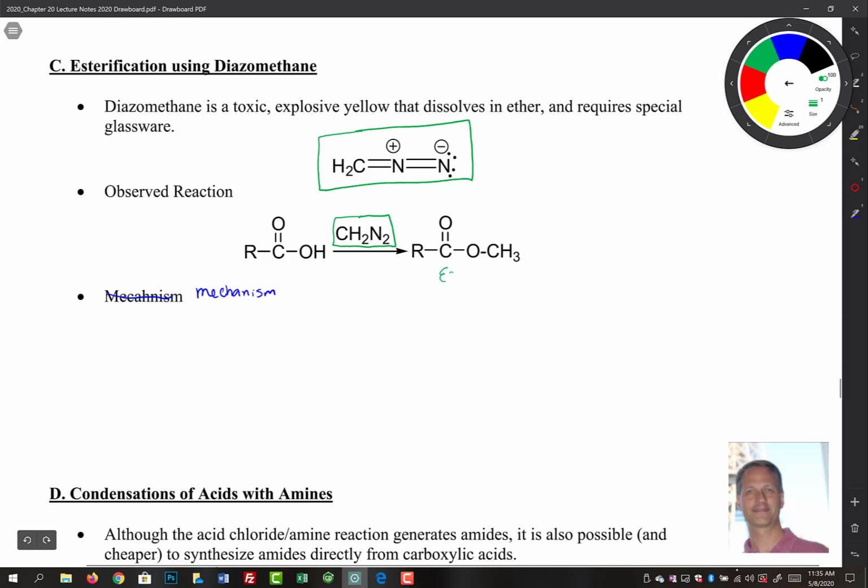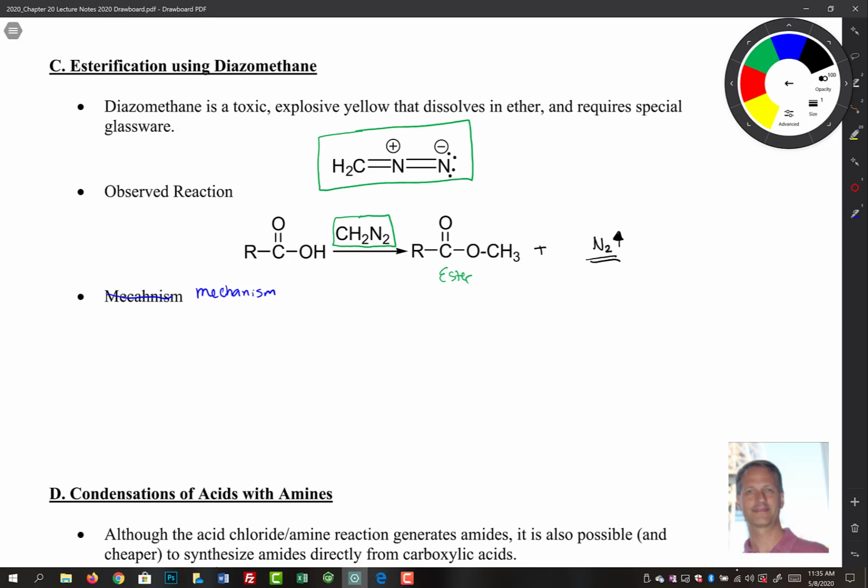So here we have an ester, and we ought to add in here the other product. That other product is nitrogen, and that's a gas. But that's a very stable molecule, and the formation of that thing just drives and pulls this reaction over to form the ester here.